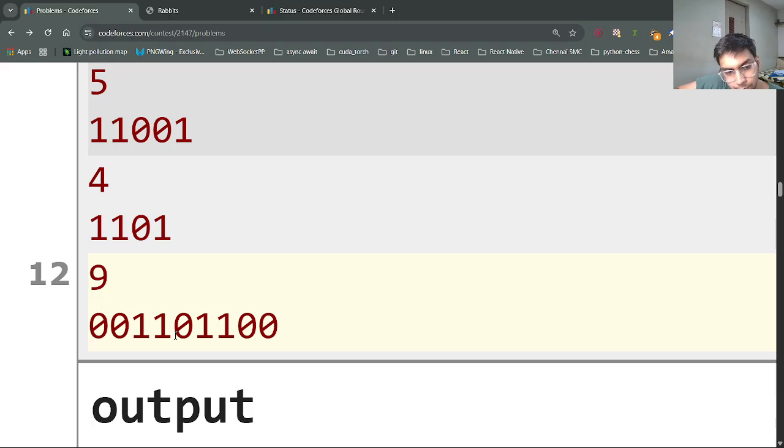Hmm. What if I have an odd number of zeros? Okay. Odd number. Okay. Yeah. Hmm. So so far, the only problem is, if I have any cluster of two zeros, okay, let's start with two zeros.